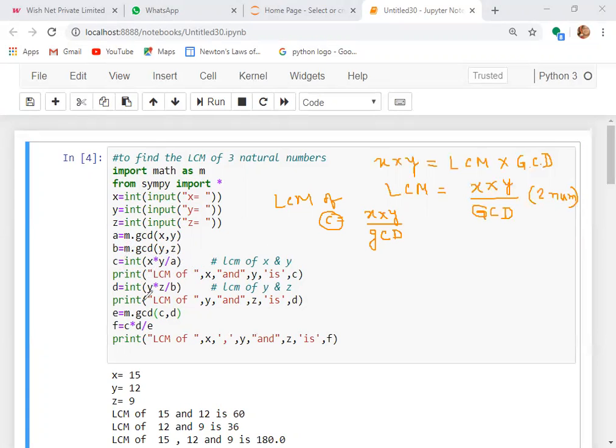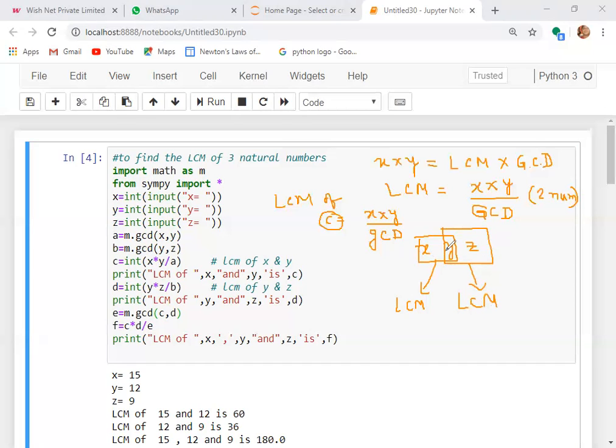In the same way we do that for the other two numbers, y and z. For y and z, we find the LCM of y and z as D. So now we have two LCMs. x, y, and z are three numbers, and we are dividing them two at a time: we find the LCM of x and y, and then the LCM of y and z.